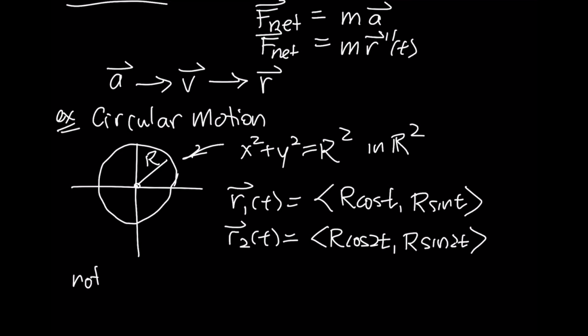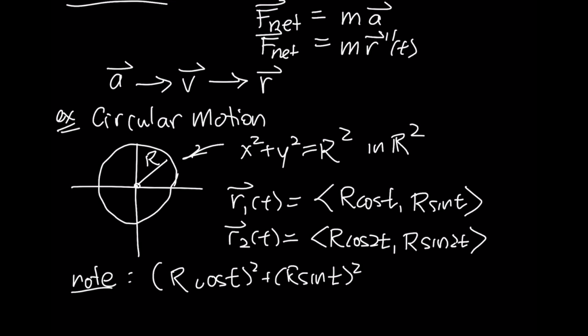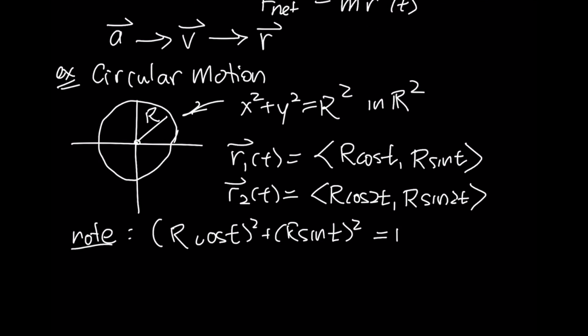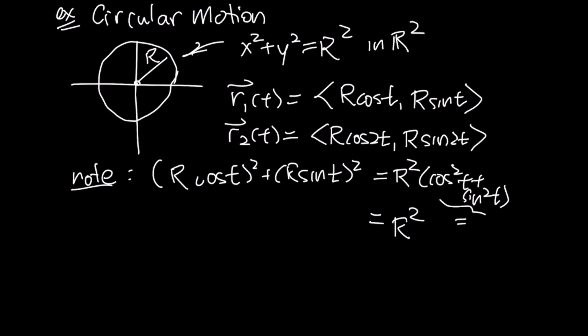Now note, in the first case, (r cos t) squared plus (r sin t) squared is going to produce an r squared times (cos squared t plus sin squared t), which does in fact give me a 1. So this gives me an r squared. So r1 does satisfy the equation of this circle.